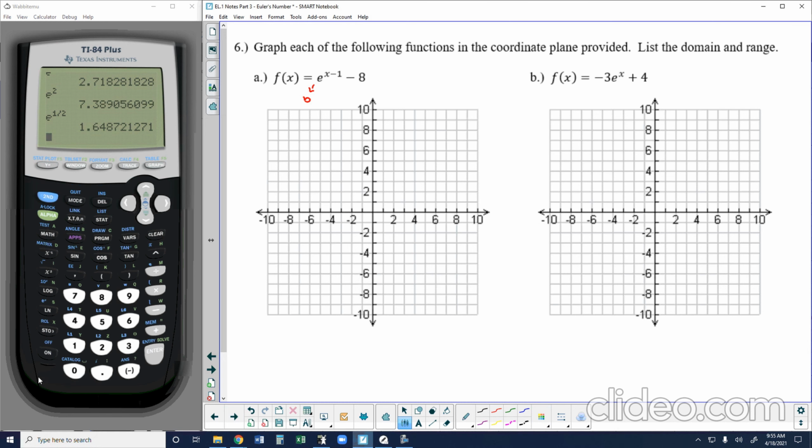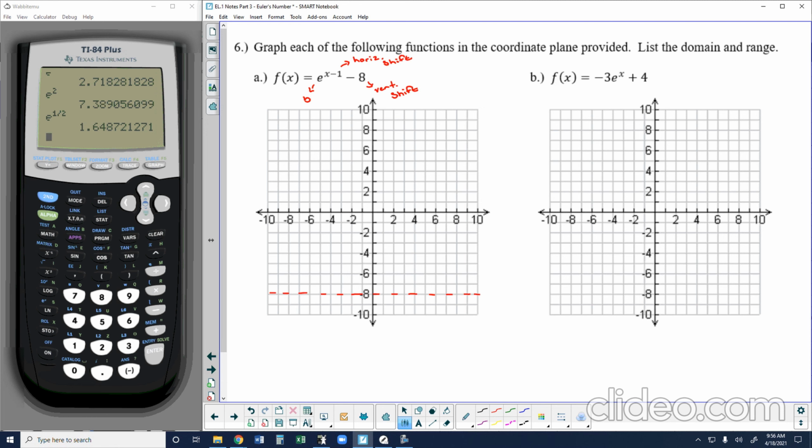Now, we have some shifts. We have a horizontal shift to the right 1, and a vertical shift that is going to go down 8. So I'm going to shift this down 8, and that's going to move my horizontal asymptote down 8.